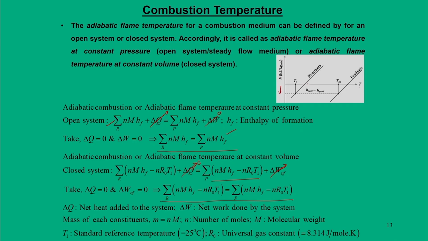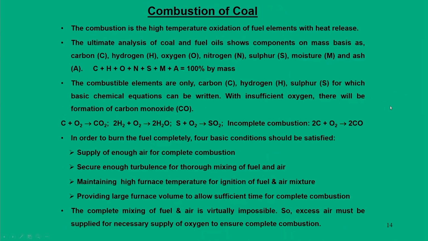Now, if you keep on increasing the temperature, the reactants vanish and products are formed, and at one particular point the enthalpy of reactants and products match, and the coordinates of that point we call the adiabatic flame temperature.